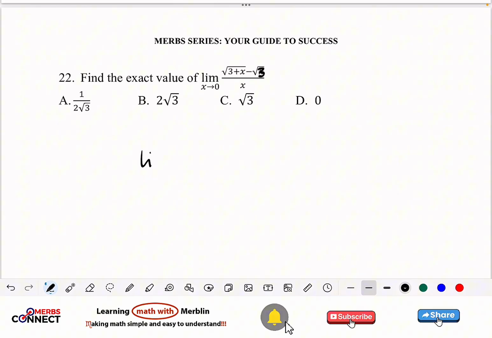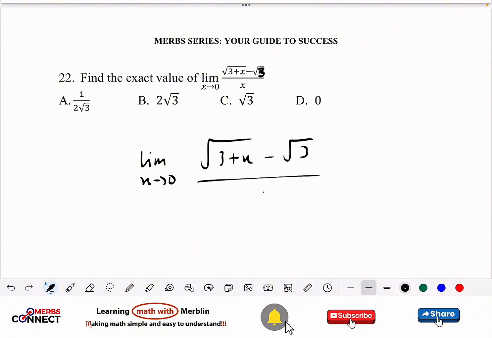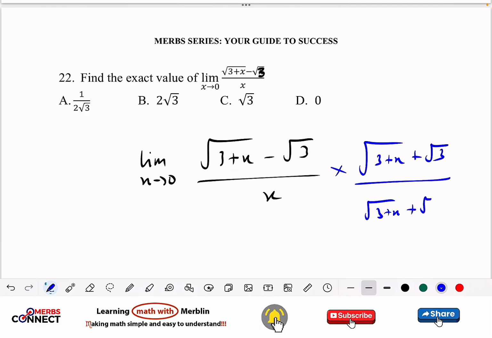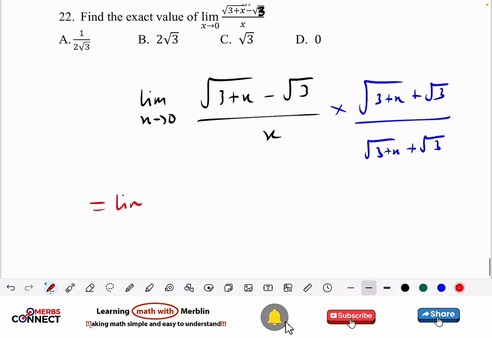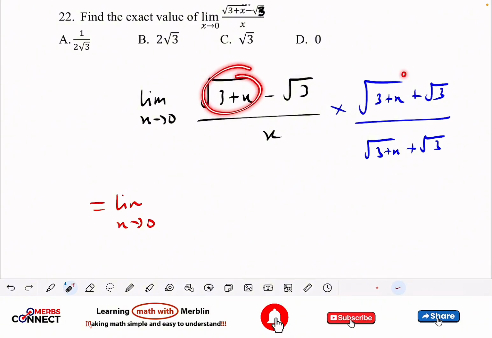So the limit as x is approaching 0 of square root of 3 plus x minus square root of 3, divided by x. We are going to multiply this by square root of 3 plus x plus square root of 3, divided by square root of 3 plus x plus square root of 3. Multiply this by this and this by this, because the middle terms are going to cancel out.